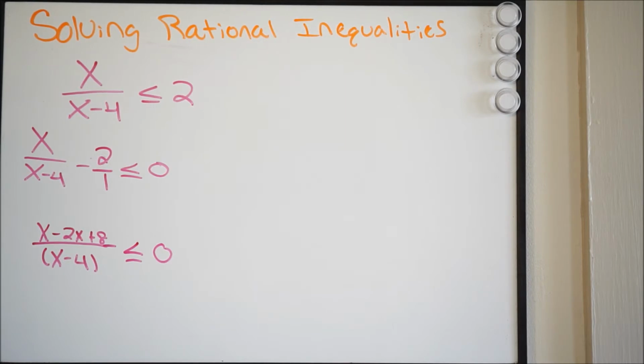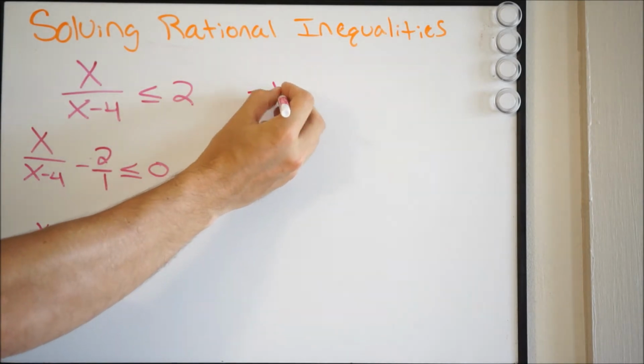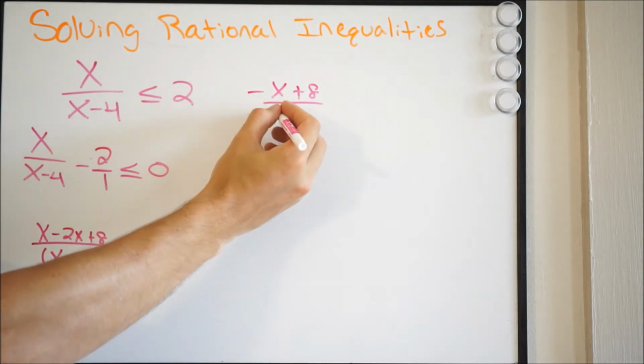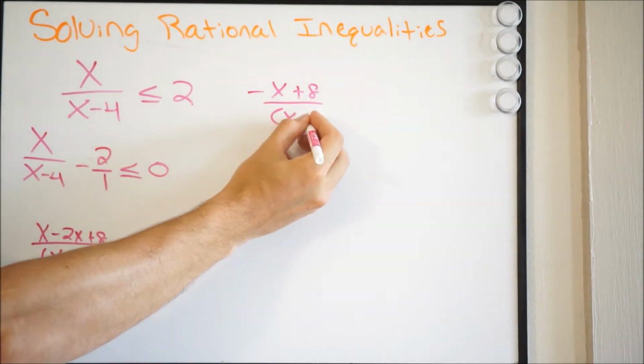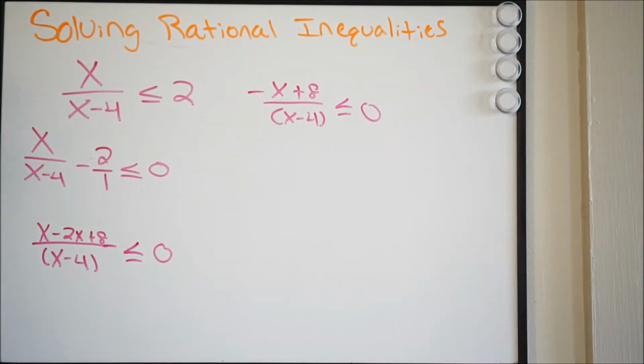So we're almost there. Next step, you want to simplify it down, meaning you want to factor if you can. So let's go ahead and clean this up a little bit. I have two like terms here, an x and a minus 2x, so that will just become minus x. So I have minus x plus 8 all over x minus 4, again, less than or equal to 0. Again, see if you can factor the numerator and denominator.